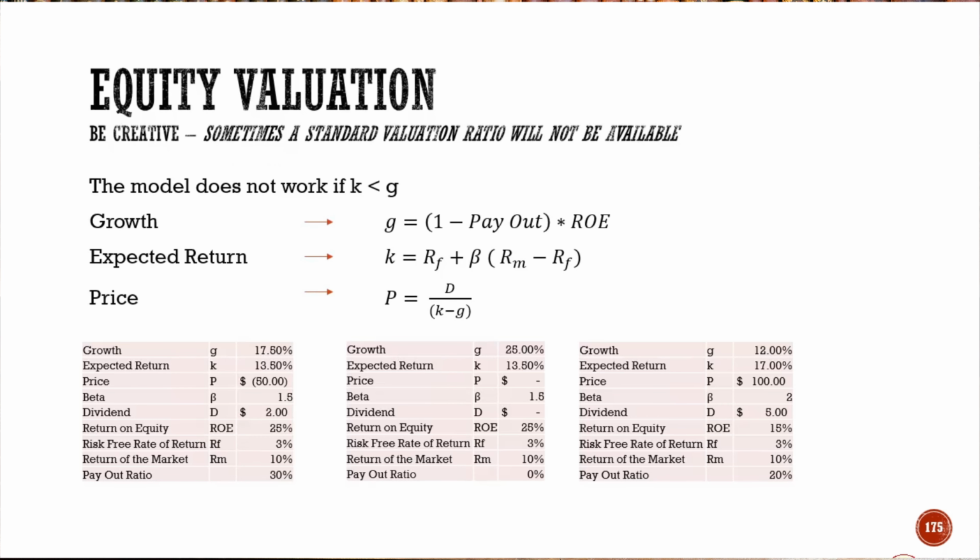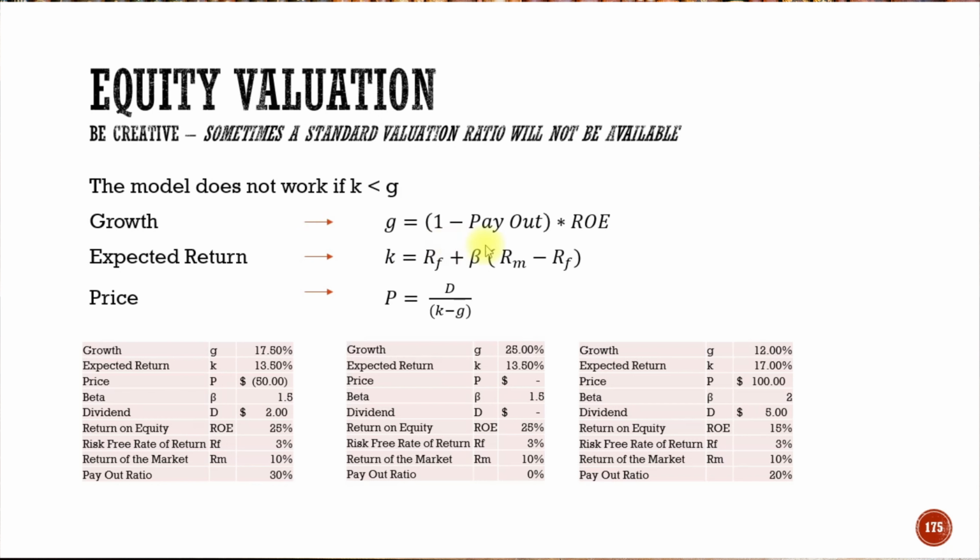I can use my stock list and use different types of financial tools to make calculations that will help me decide whether or not I'm willing to invest. An important part when you look at financial models is that they typically don't work if K is less than G, and K comes from expected return right here, and it's a part of capital asset pricing model.